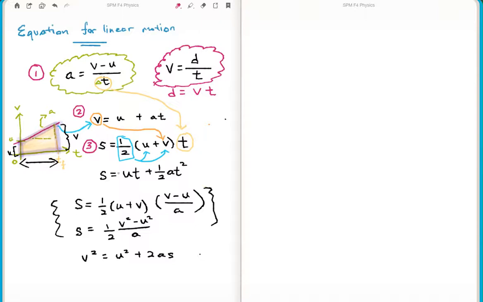Then substitute v, then you get this equation, the fourth equation. Substitute v from second equation. And then fifth equation is you substitute t with the first equation. You get the fifth equation. So there are a total of 5 equations that you should know for linear motion. Okay.